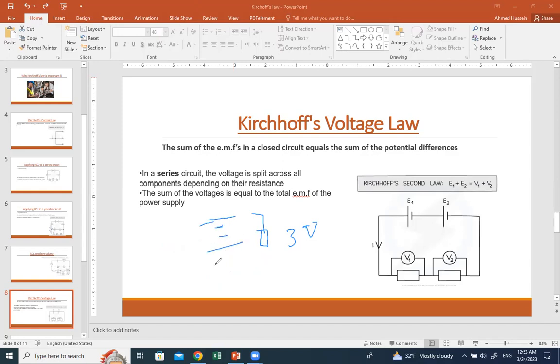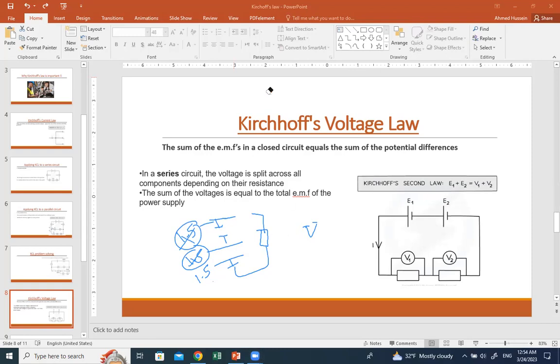How will this be connected? As we can see, here we have 2 cells pushing opposite to each other, and the third is in one direction. So those 2 will cancel each other, and only 1.5 will be calculated. So the voltage drop here will be only 1.5.